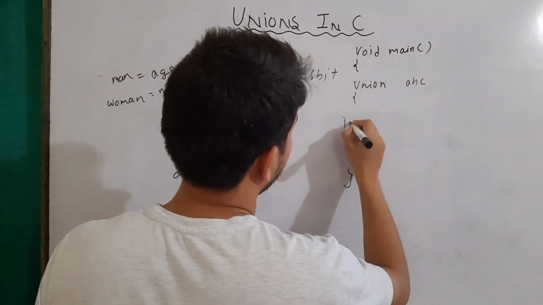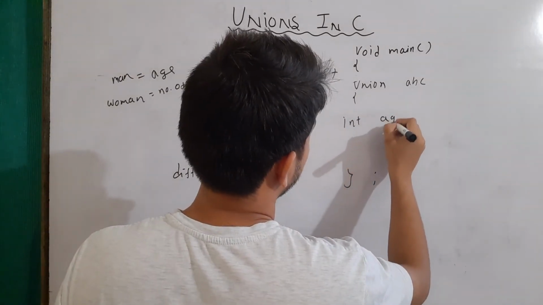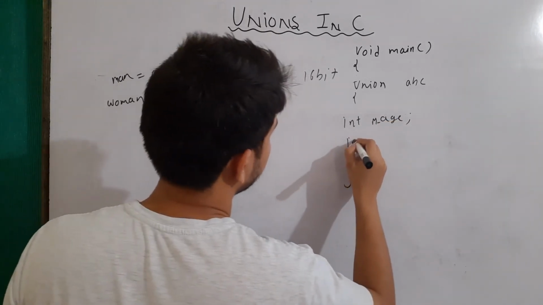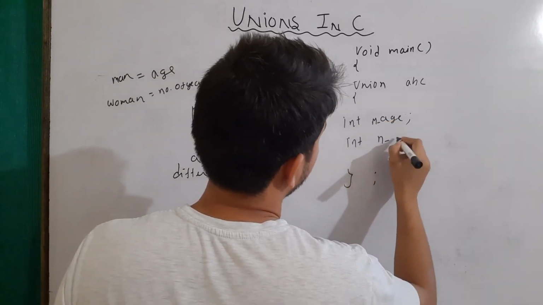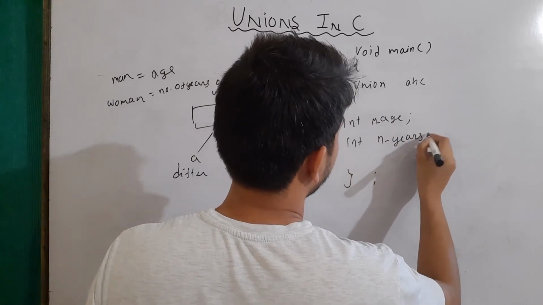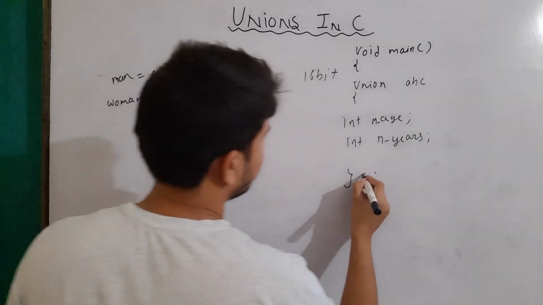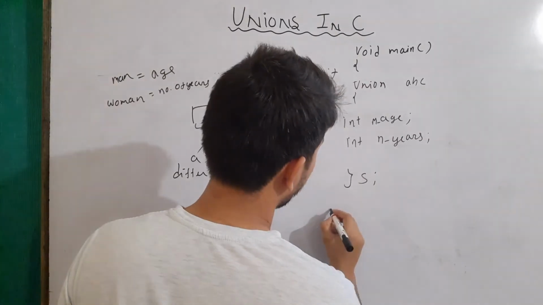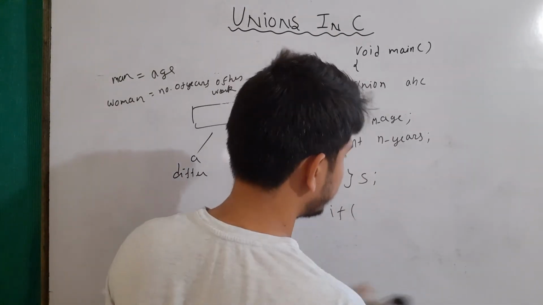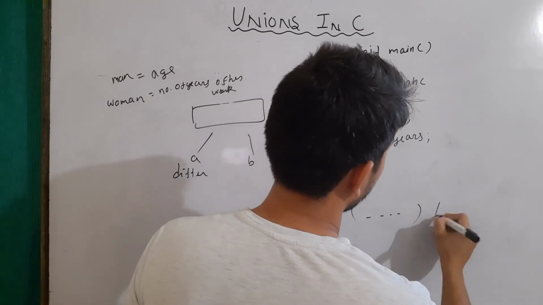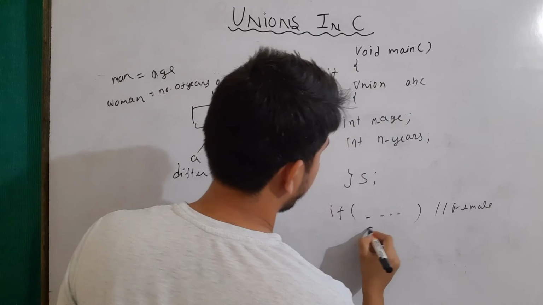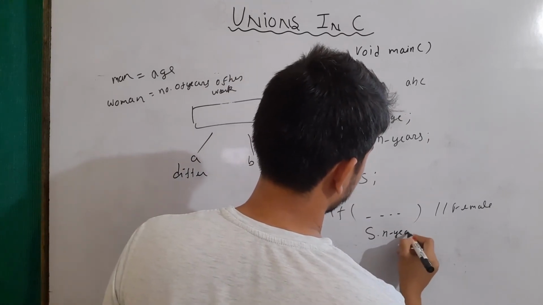Now you will write here int, let's say m underscore age, and you can also write here int n years, right? Now in your programming, whenever you encounter the female gender, you can write if the gender of that particular person is female, then you store the values in s dot n years.